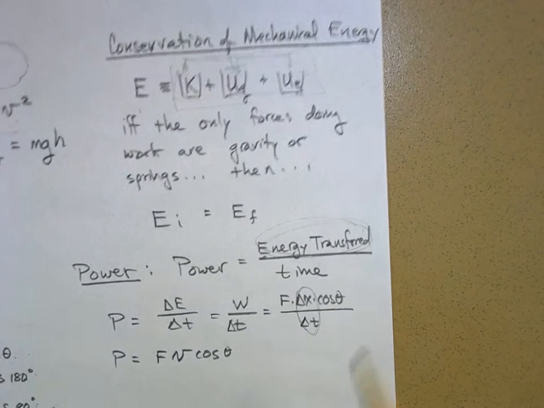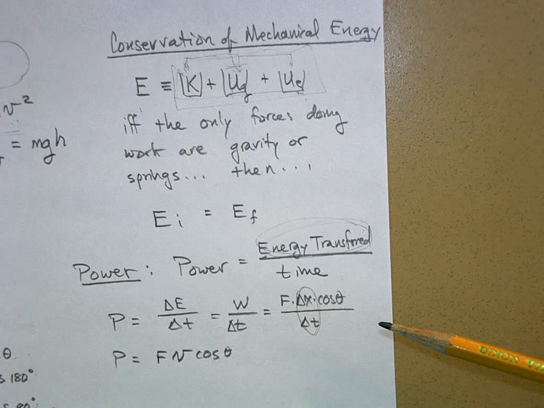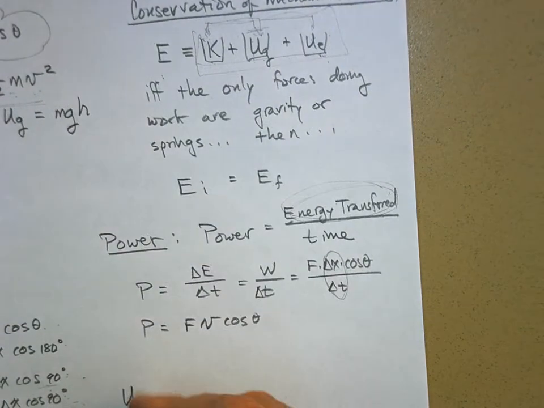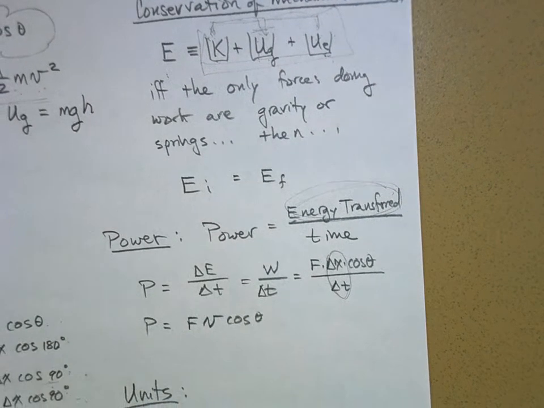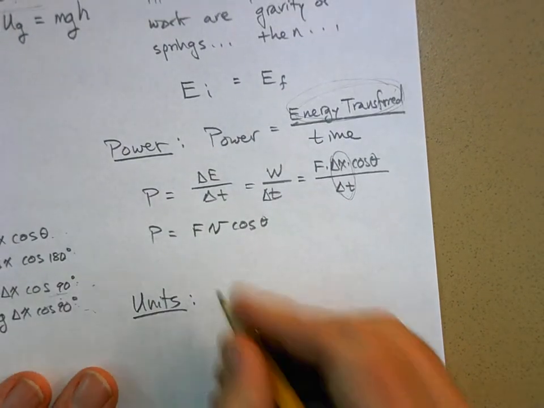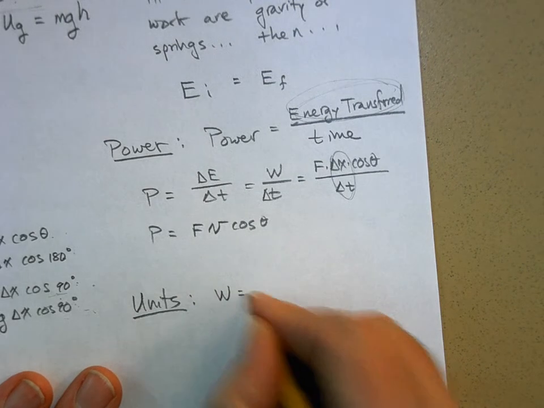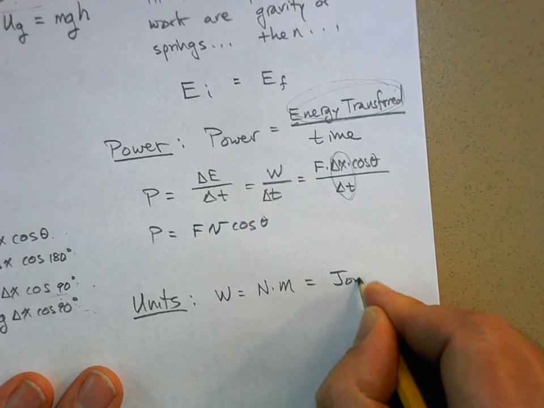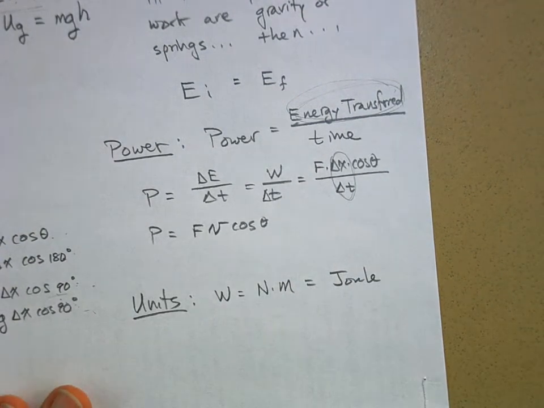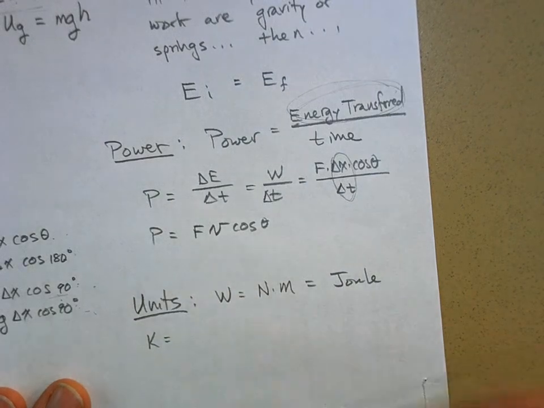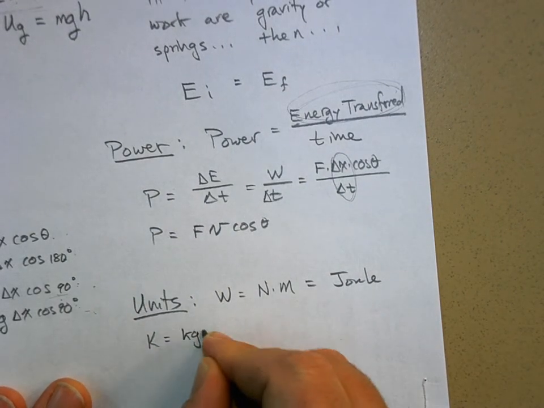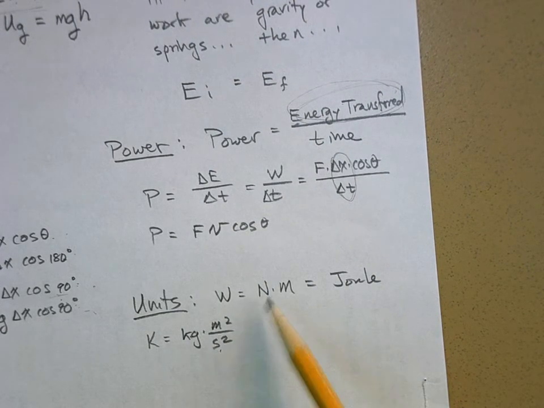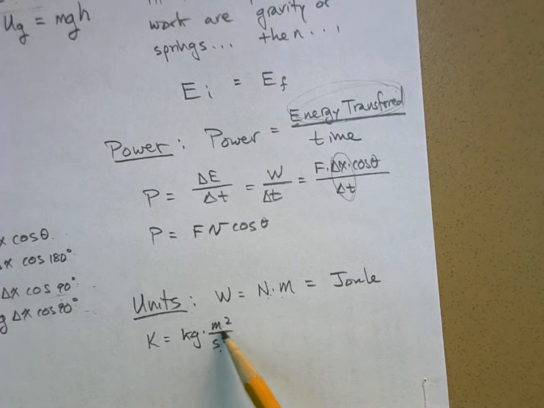And of course, don't forget about the units. I didn't really talk about units. Let's talk about units for a second. For work, you have newtons times meters, and that's a joule. Now, for kinetic energy, you have 1/2 mv squared, which is kilogram meter squared per second squared. But a kilogram meter per second squared is a newton, times the other meter. Well, this is just a joule.